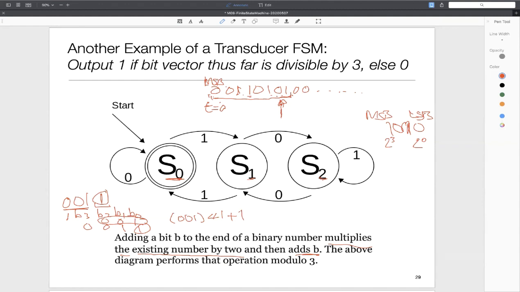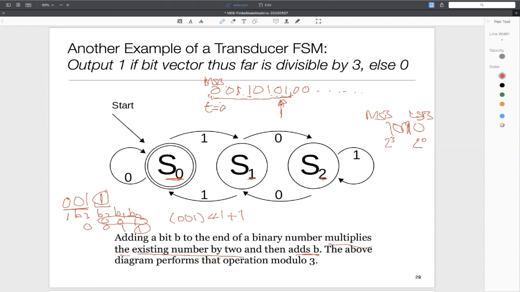Now, if the number thus far was divisible by 3, and let's say I got a 0, that would be equivalent to shifting it left, multiplying it by 2 basically, and adding 0 to it because I got a 0 input. If I do that, I will remain divisible by 3.